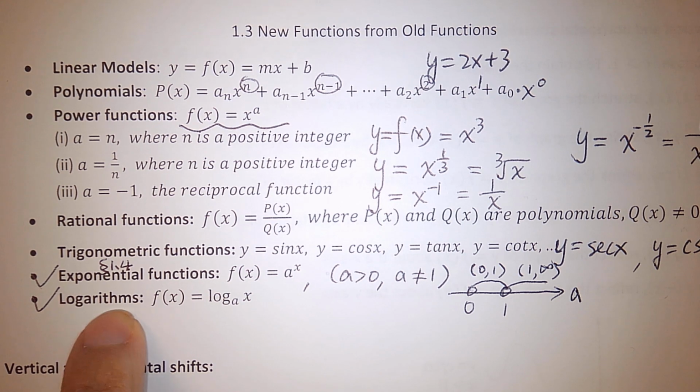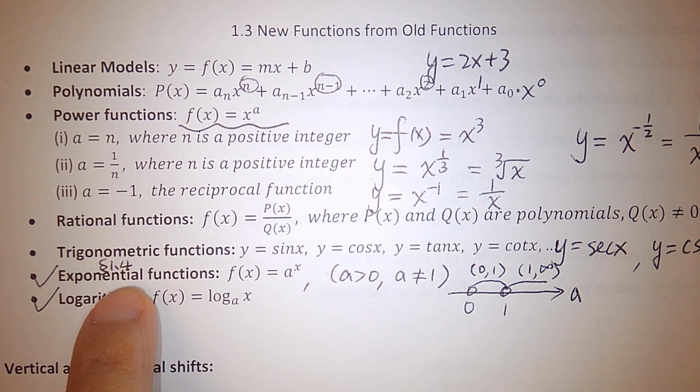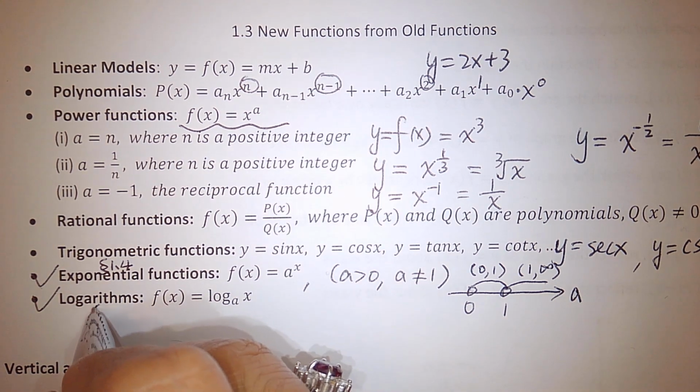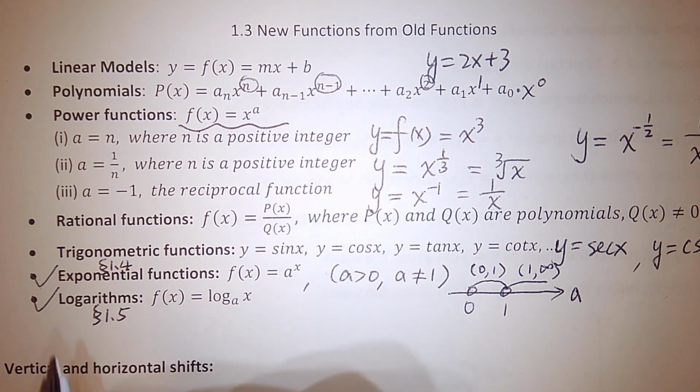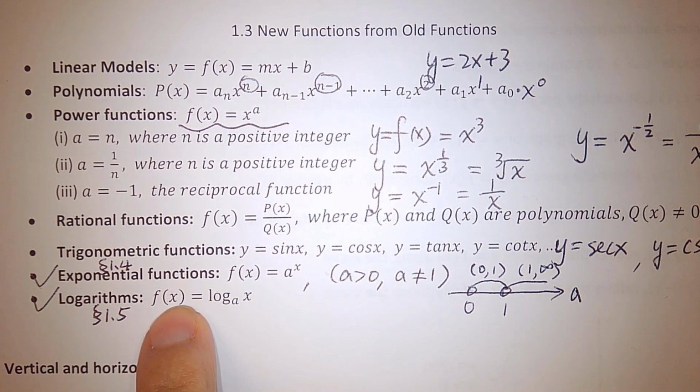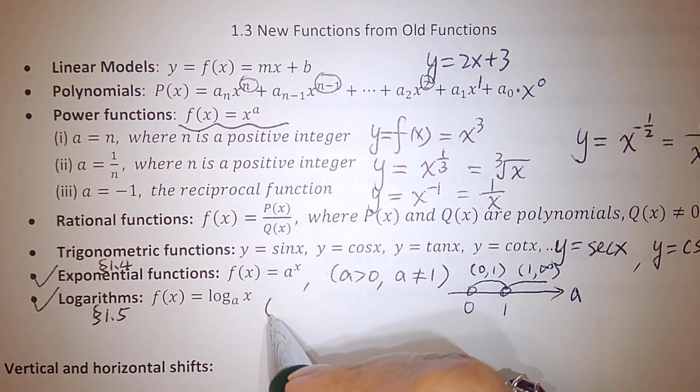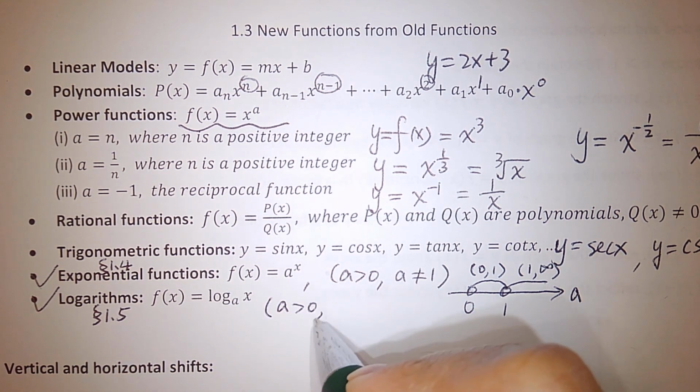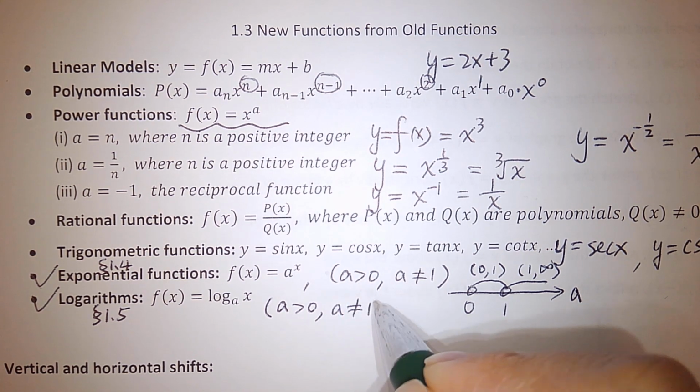And then the logarithm function is an inverse function of the exponential function. We'll talk about this type of function in section 1.5, probably next week. f of x is defined by log of x to base a. Same thing here: a is greater than 0, but a cannot be 1.